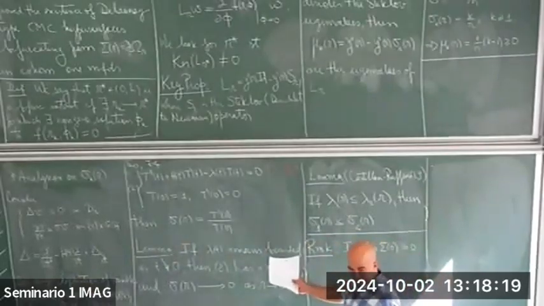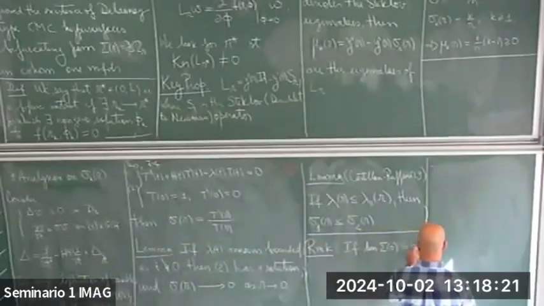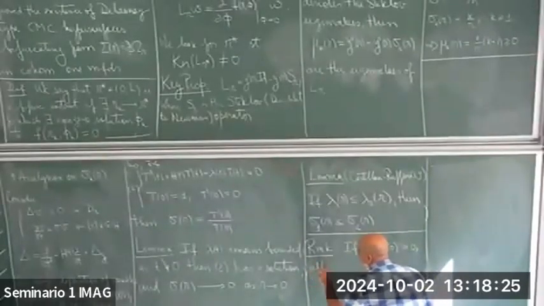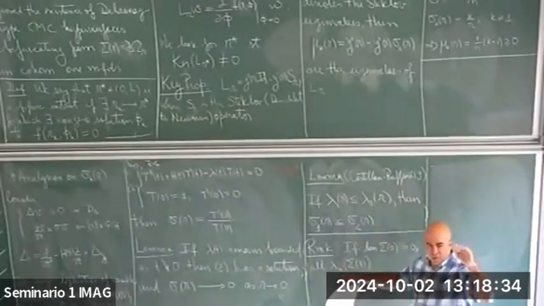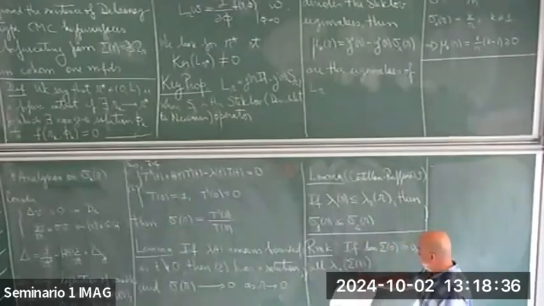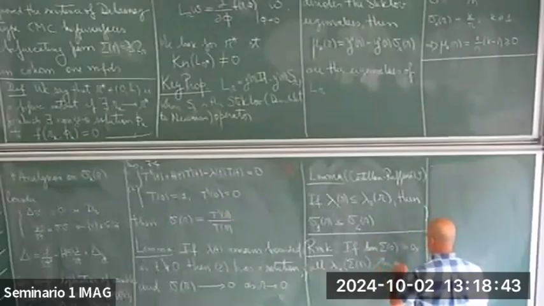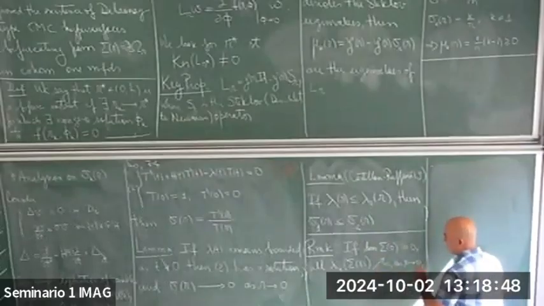They are not bounded. Let me write like that. So the eigenvalues of the geodesic sphere blow up, and you have no control on sigma.